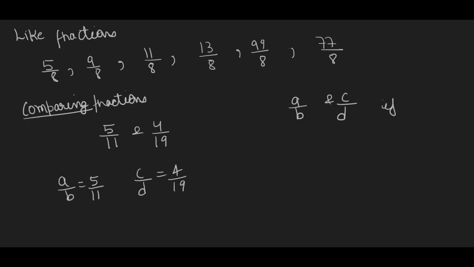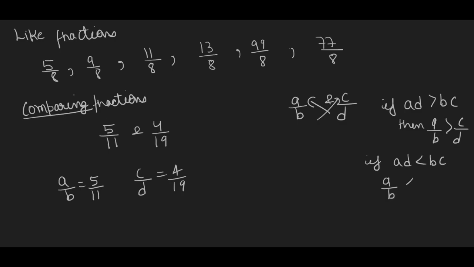If AD is greater than BC, so what we are doing, we are multiplying A with D and B with C. If AD is greater than BC, then A upon B is greater than C upon D. If AD is less than BC, then A upon B is less than C upon D. And if AD equals BC, then A upon B equals C upon D. That means they are also equivalent fractions.